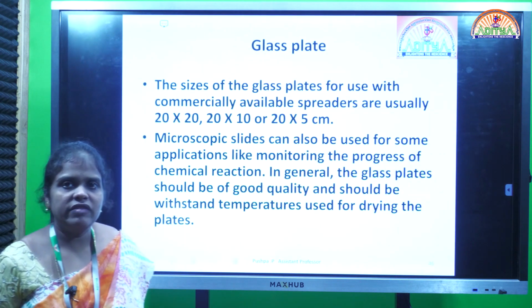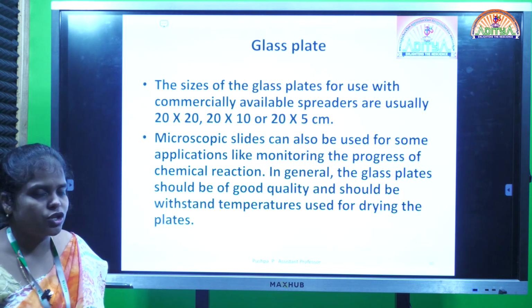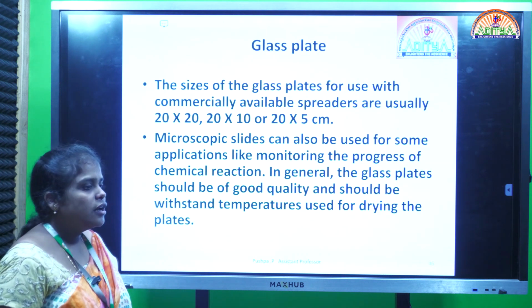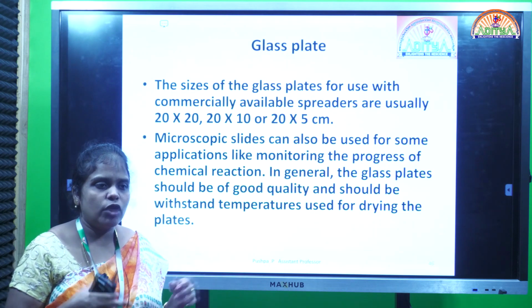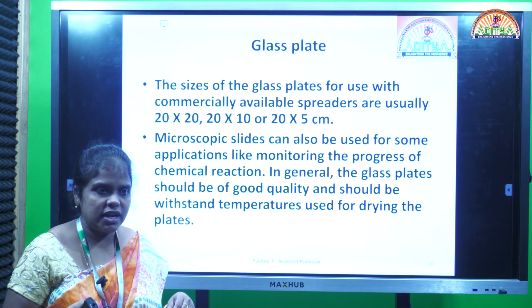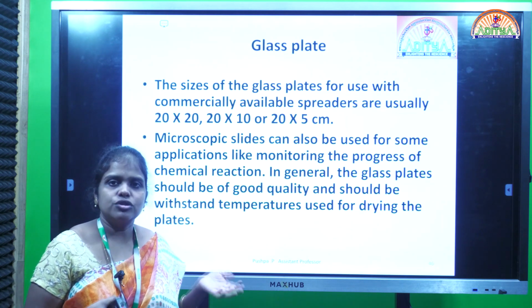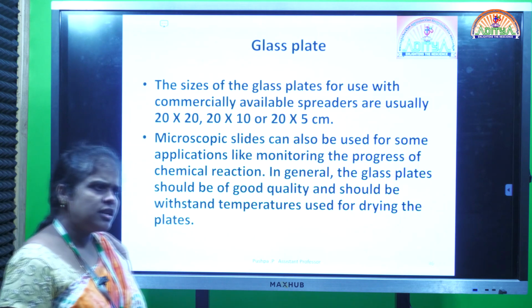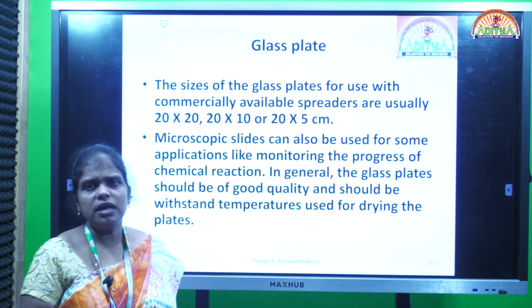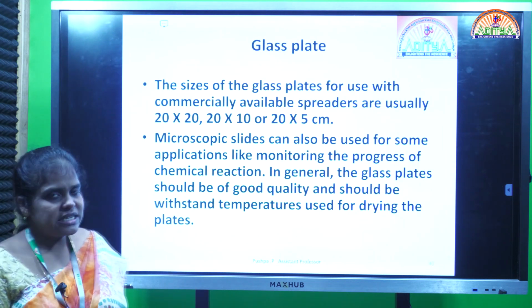glass plate. First we have seen the different types of stationary phases or adsorbents we will use, and then we will see where you apply the slurry you have prepared, on the TLC plate. That TLC plate is mostly made up of glass. Mostly we will use TLC plates made only of glass, because glass is very inert.